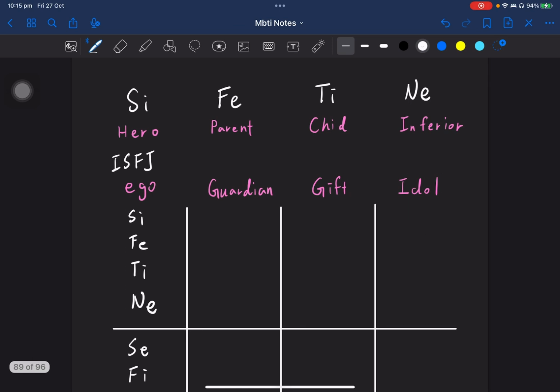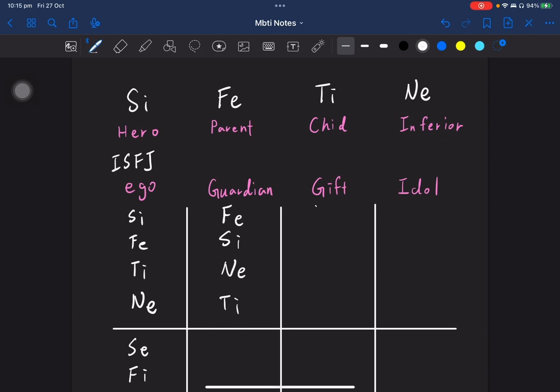Because as I showed before in the other short video, you can just fill it out using the gate. So FE, TI. Extroverted followed by introverted. That means SI must come here and NE must come here.